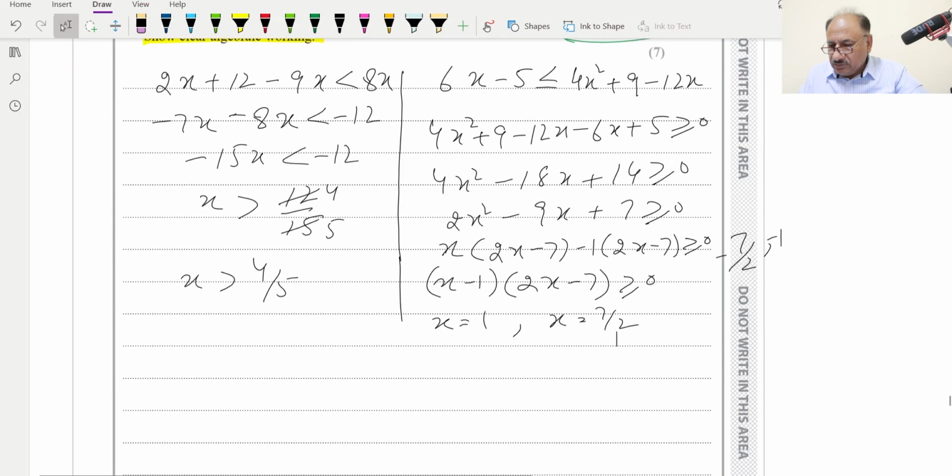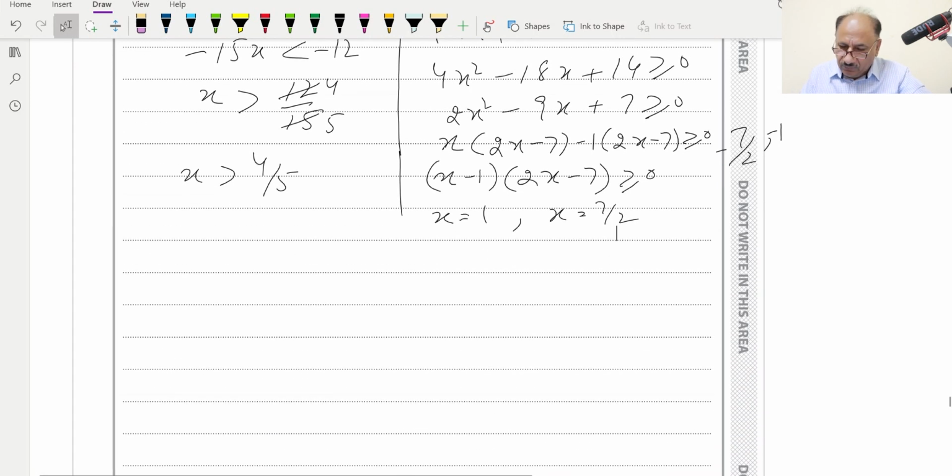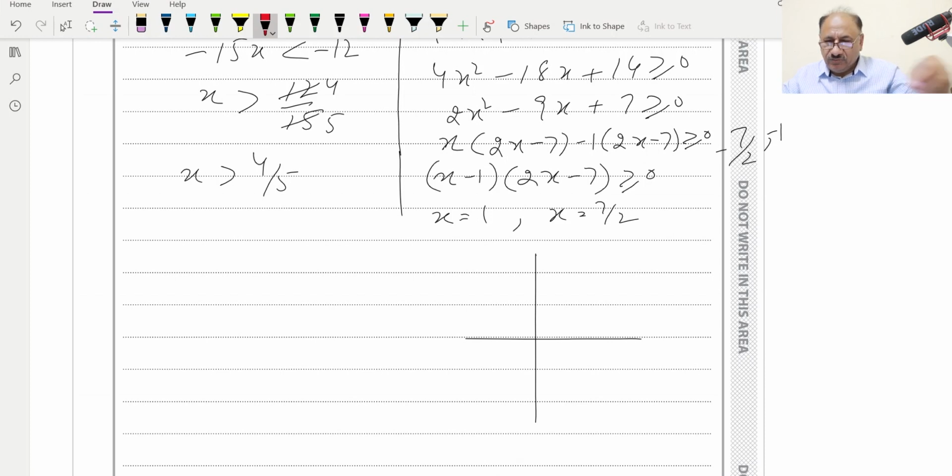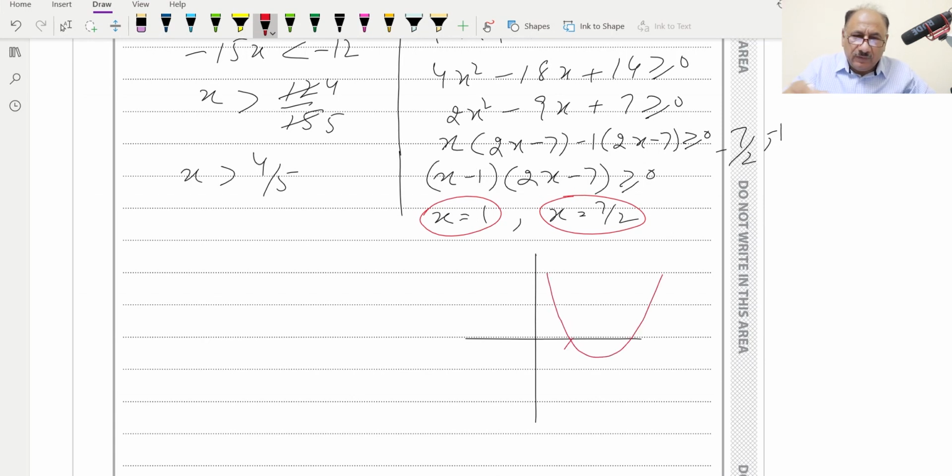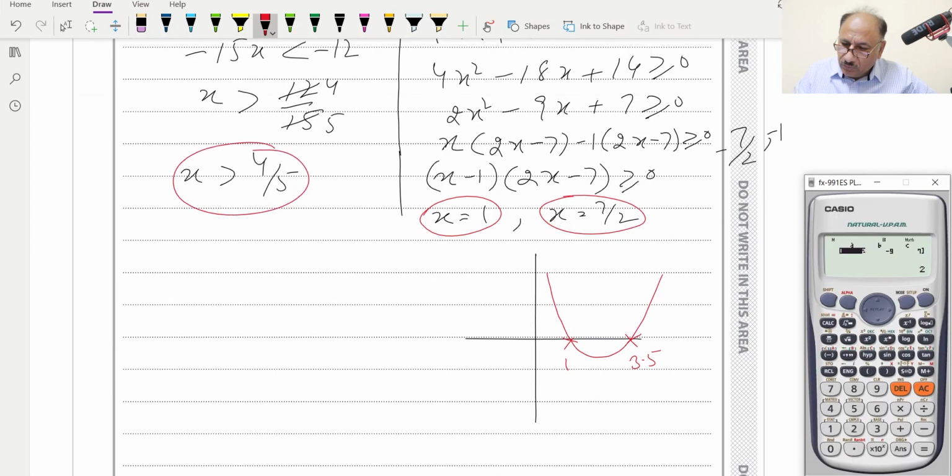Now we will check by drawing a rough sketch. If we draw the coordinate axis, the curve is intersecting at 1 and 3.5, 1 and 7 by 2 or 3.5, so the curve will be like this one. So this point is 1 and this point is 3.5. If we consider this point, which is x is equal to 4 by 5, and 4 by 5 will be equal to 0.8.